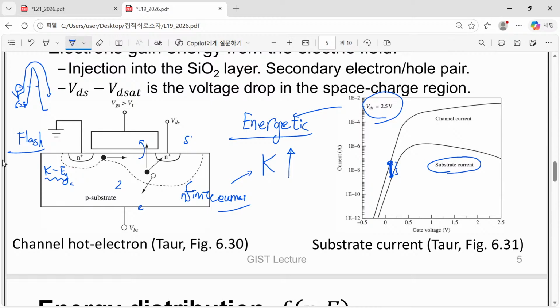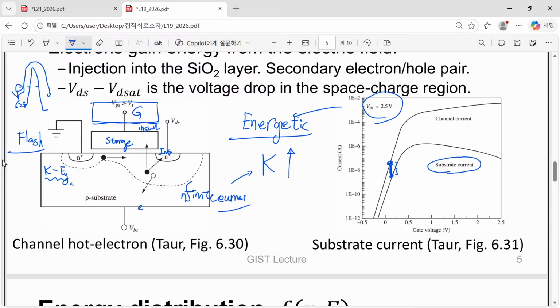So it means that if we have a hot electron and some of them can overcome the barrier and enter into this part, then engineers intentionally introduce such a structure. Here we have an insulator, and here we have a charge storage layer, and once again another insulator, and finally we have the rear gate.